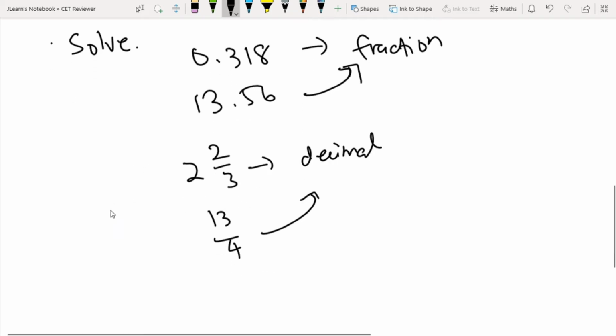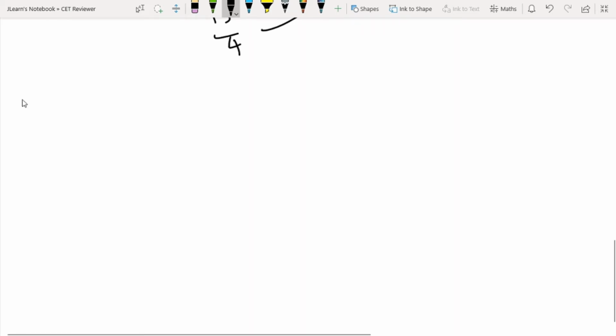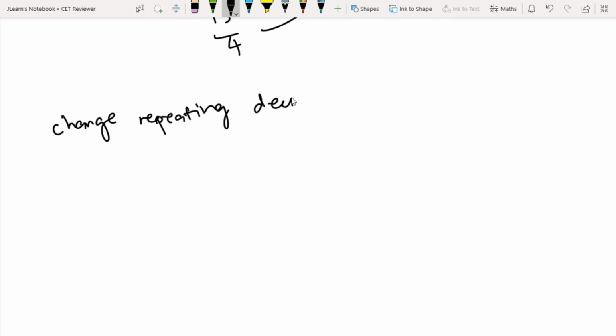So, ngayon naman, if you are curious, how do we change a repeating decimal into a fraction? Okay, so pabaliktad naman. Paano yung repeating decimal into fraction?